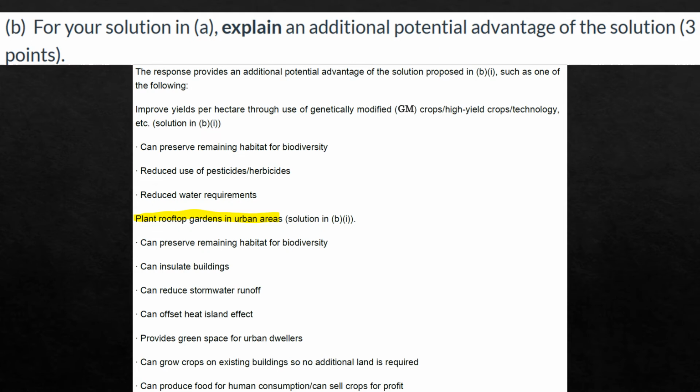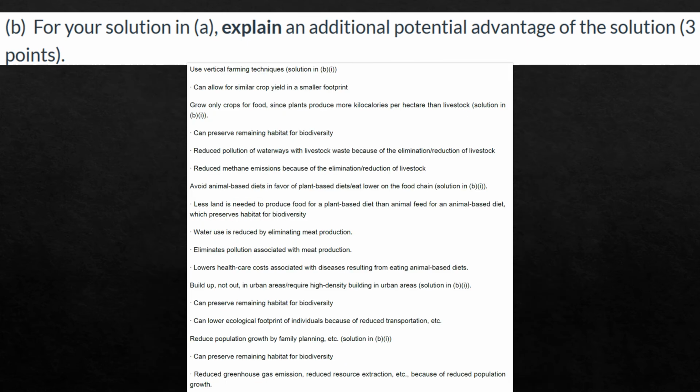Plant rooftop gardens in urban areas, and they can maintain, preserve remaining habitat for biodiversity, can insulate buildings, can offset heat island effect, provide green space for urban dwellers, can grow crops on existing buildings, so no additional land is required, can produce food for human consumption, etc. And then solutions for the build up, not out, is to preserve remaining habitat for biodiversity, and then can lower ecological footprint because of the reduced transportation.